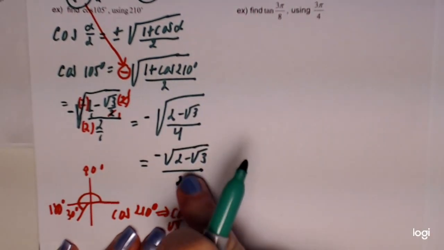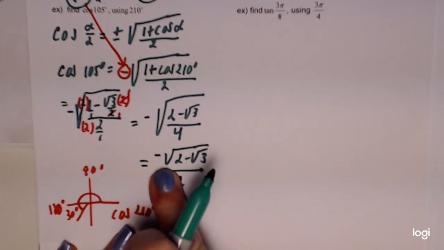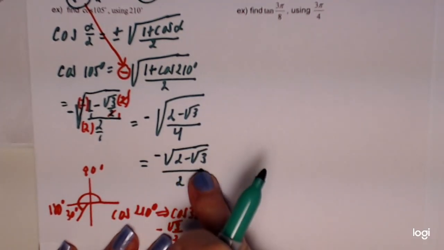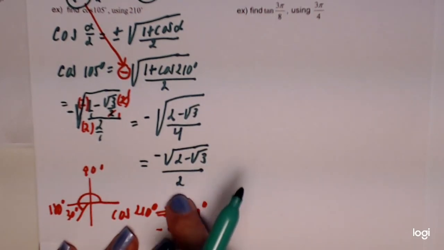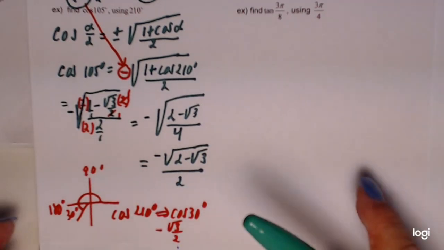So this is a pretty weird looking answer that we have a square root symbol, and then inside the square root symbol we have another square root symbol, but even though it's weird looking, it's okay. It is correct.